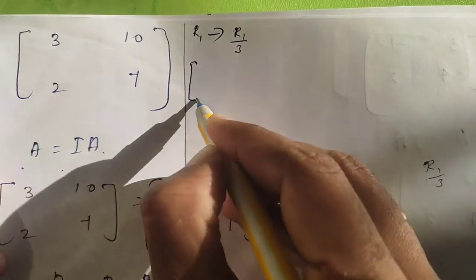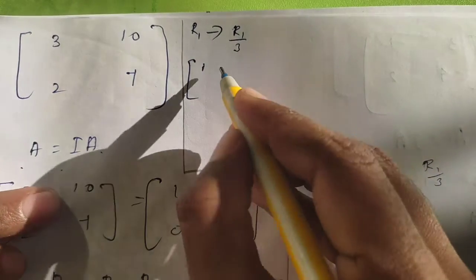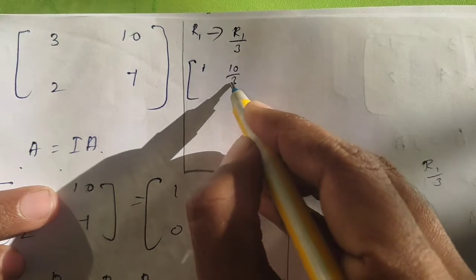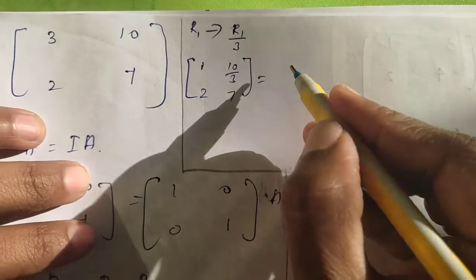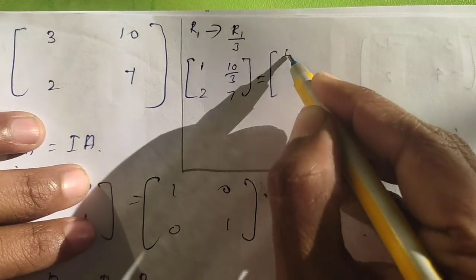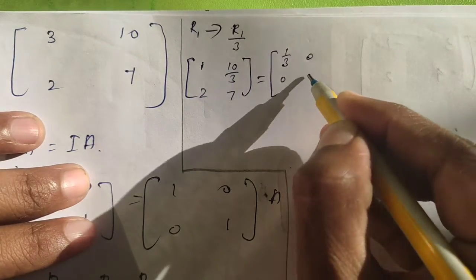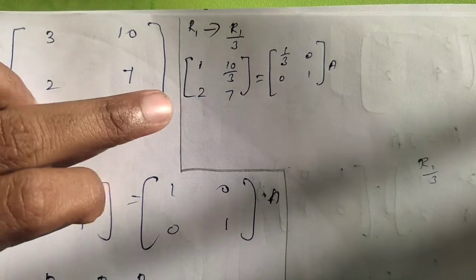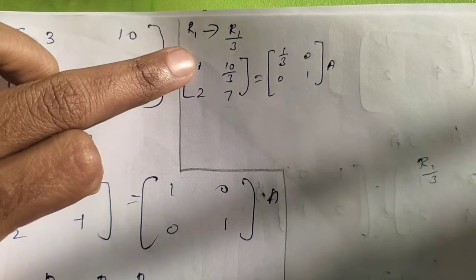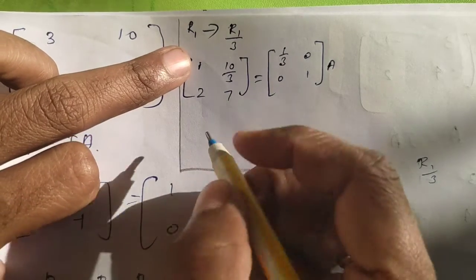So what happens? 1, 10 by 3, 2, 7, that is equal to the same thing in the RHS, 1 by 3, 0, 0, 1 into A. What is our next step? I should make this element 0 with the help of R1.